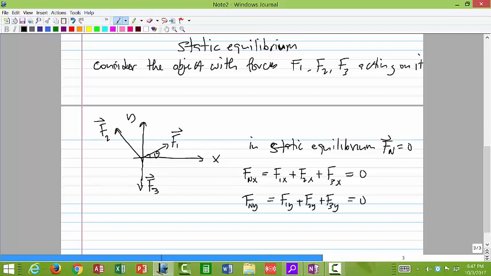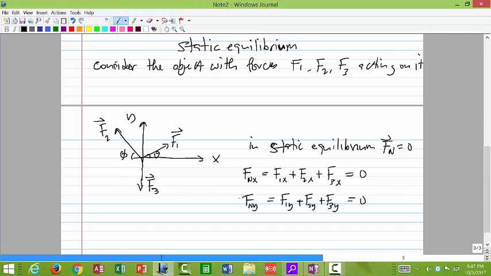Let's call this theta. If you like, we can call this phi. Let me redraw that. So F1x plus F2x plus F3x is 0, and F1y plus F2y plus F3y is 0.